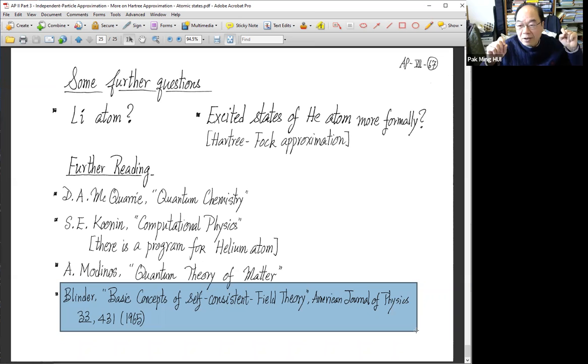But in fact, you can start from our trial wave function and vary the whole function, which is called functional derivative. Then you can get this self-consistent Schrödinger-like equation mathematically, but the same equation, of course, okay? And it is a very good place to get a sense of how the formulation can be established mathematically, okay?